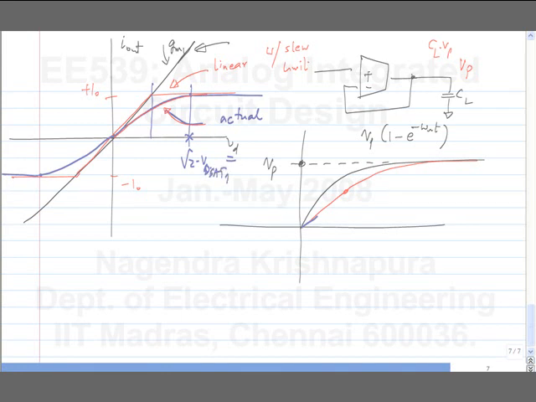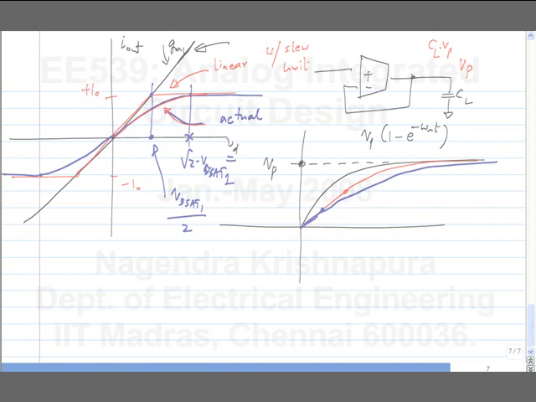What will be this value, if I made an idealized differential pair like this? Vd sat 1 by 2, right? It is I naught by Gm, of course, which happens to be Vd sat 1 by 2 in this case. So it will slew for a shorter time, but after that it settles slower. So it may do something of this sort.